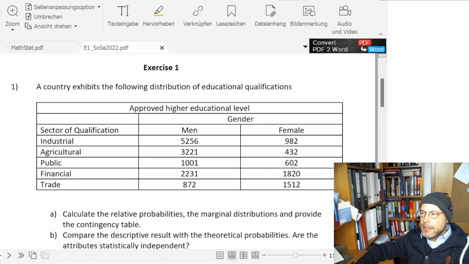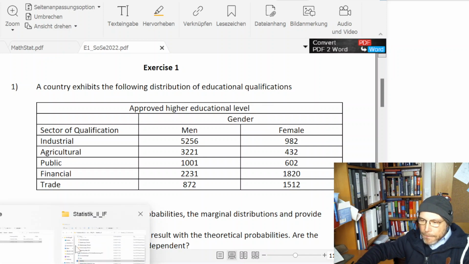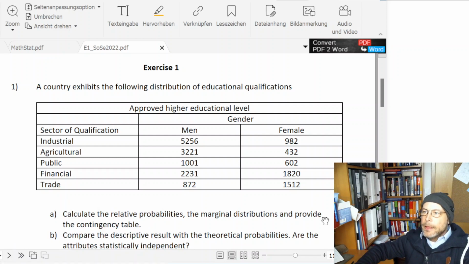So then we take the data, and this, of course, we will do again in Excel.